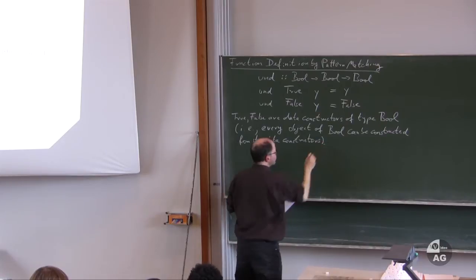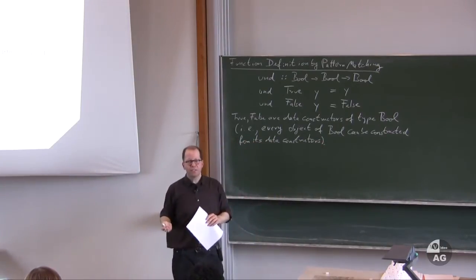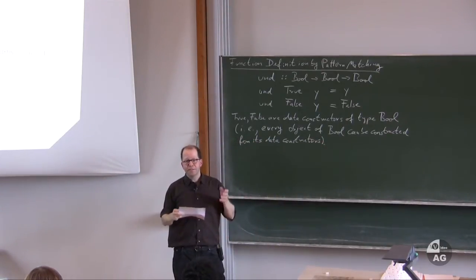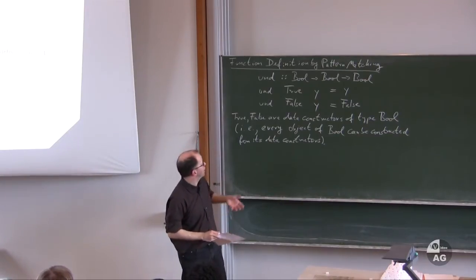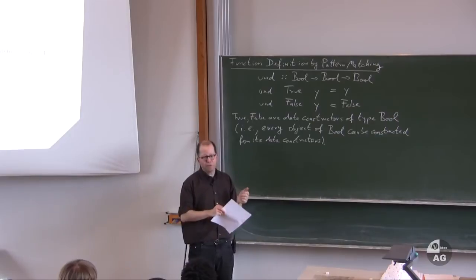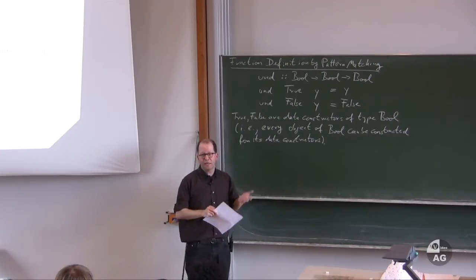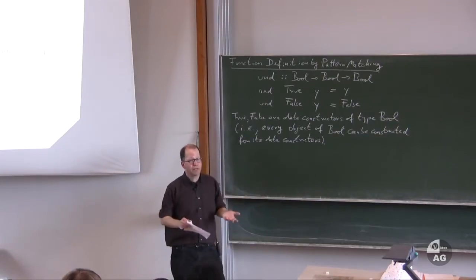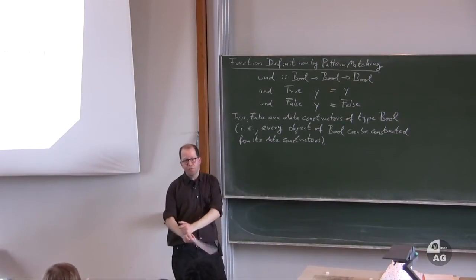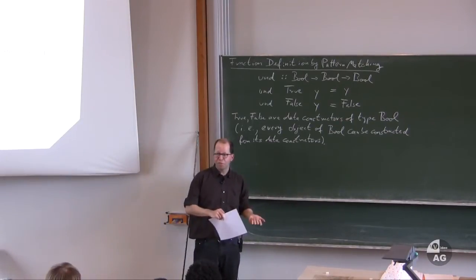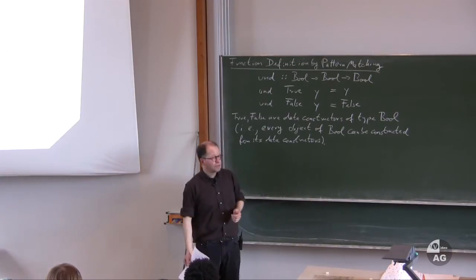So in other words, data constructors are functions like anything else, but they are not evaluated further. If you have something like square or und, they are evaluated further. Haskell expects that there are some defining equations for und and for square. But true and false are not evaluated further. To make this clear to Haskell, which functions have to be evaluated and which do not, one writes them with different syntax.